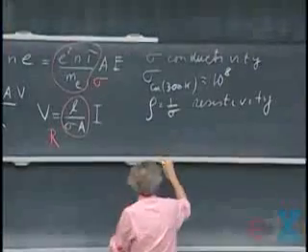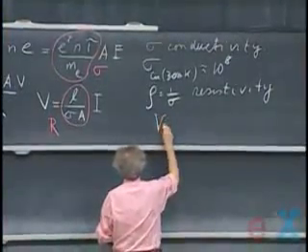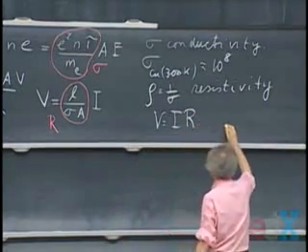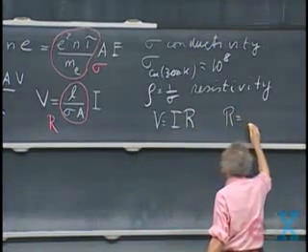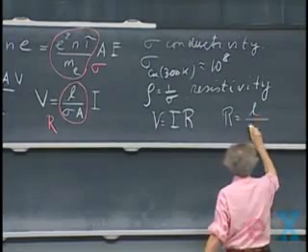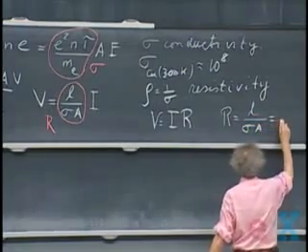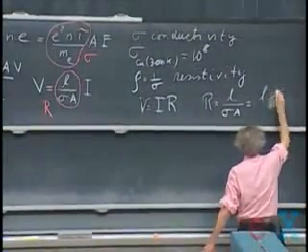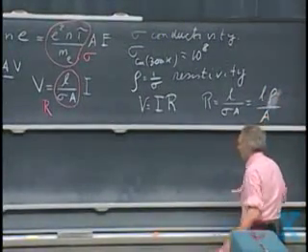So you can also write down, V equals IR, and this R then is either L divided by sigma A or L times rho, let me make it a nicer rho divided by A. That's the same thing.